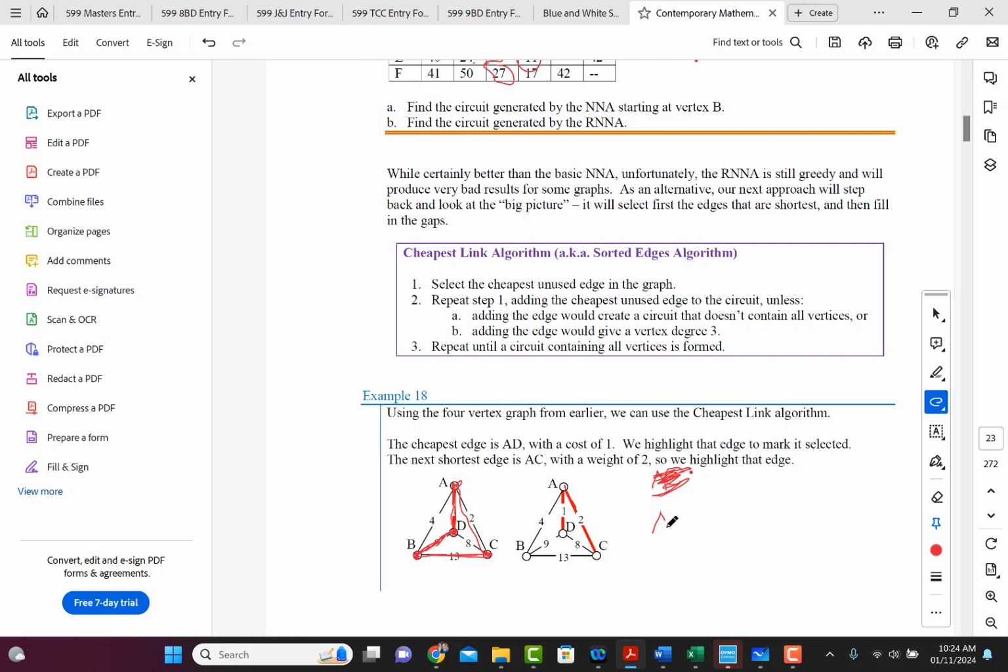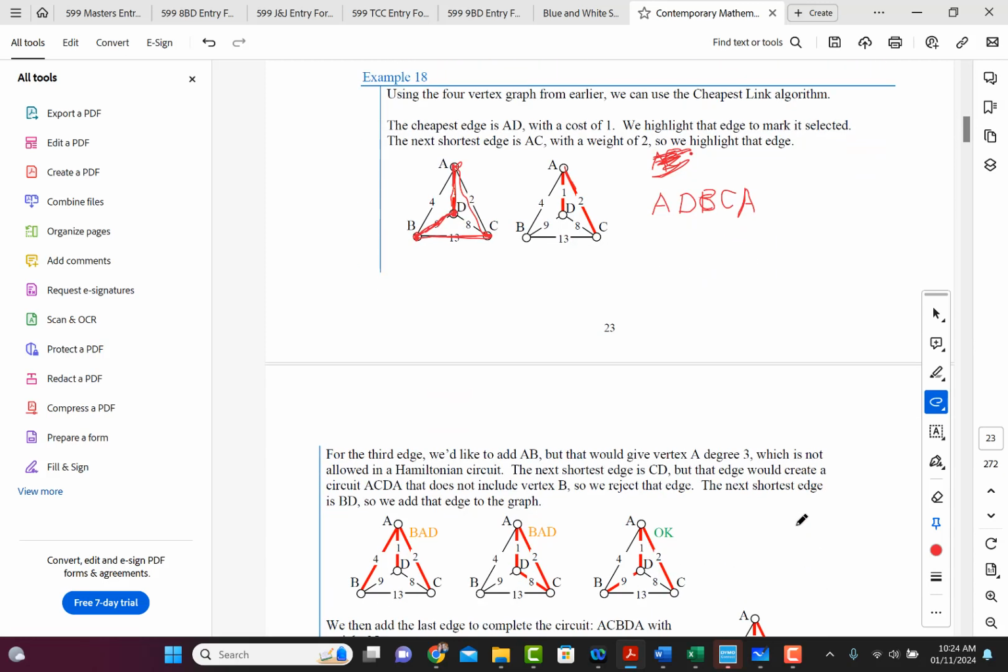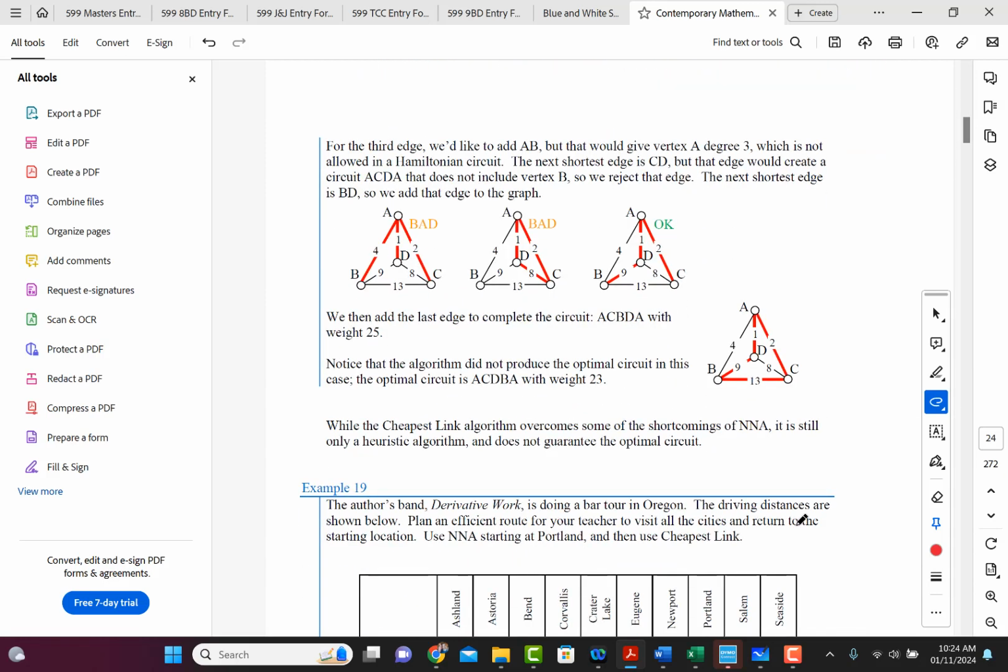So our circuit is going to be A, D, B, C, A. That is one way to write it. All right. So that's what I went through here.